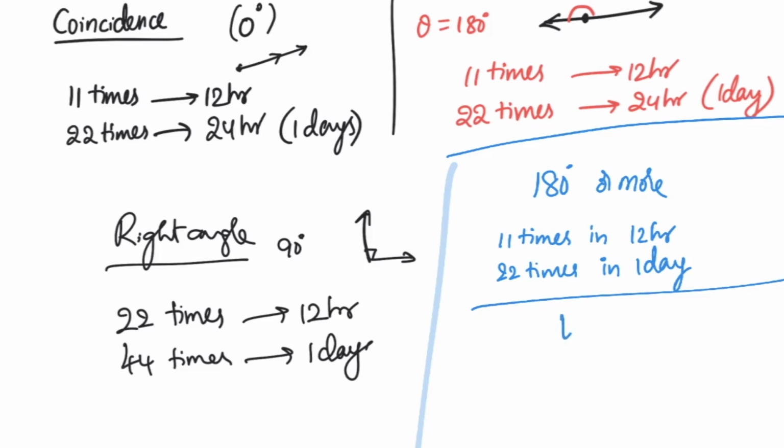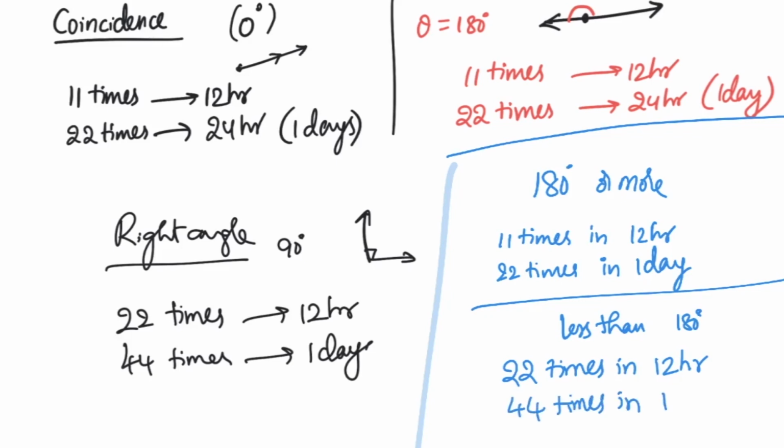If the angle is less than 180 degrees, whether 150 or 170 or 90 or 30 degrees or 2 degrees, that happens 22 times in 12 hours and 44 times in 1 day. Remember these points. The angle is more than 180, it happens 11 times, 22 times. The angle is less than 180, 22 times, 44 times.